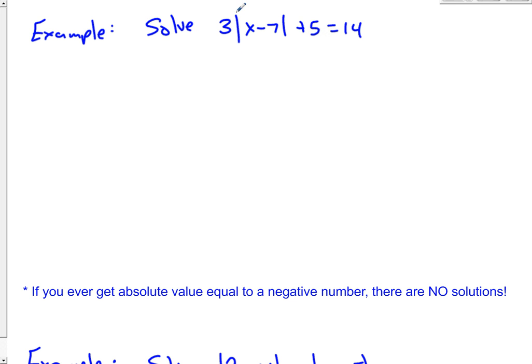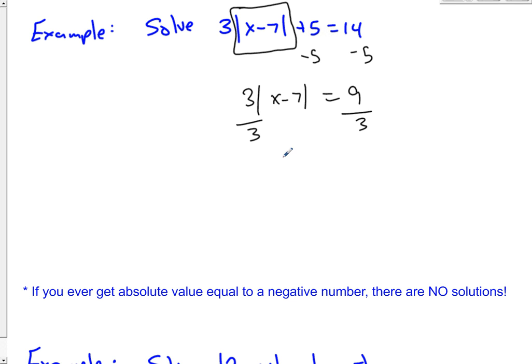So what we need to do is isolate the absolute value part of this equation by subtracting the 5 and dividing by 3. So I'm going to subtract 5. That gives me 3 times the absolute value of x minus 7 equals 9. And then I will divide by 3, and I will get the absolute value of x minus 7 equals 3.